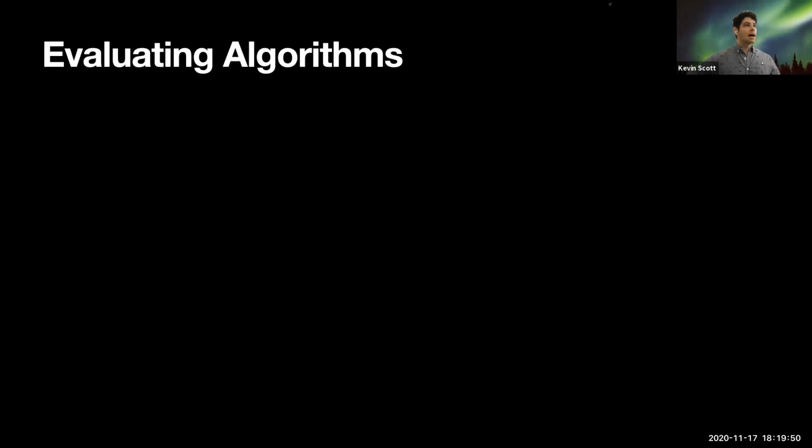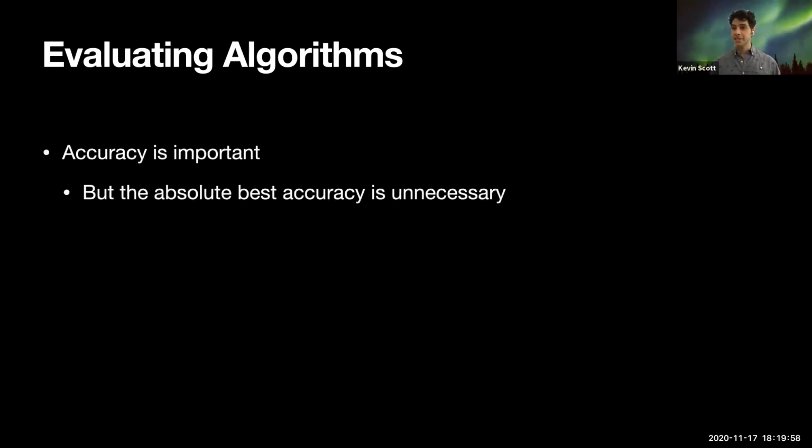So, a little bit more about how I went about choosing an architecture and an implementation. While accuracy on these metrics is important, the absolute best accuracy is not really important, because that metric may be misleading. Also, speed is critical.